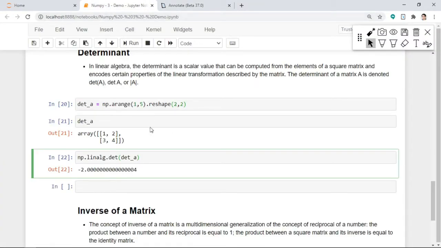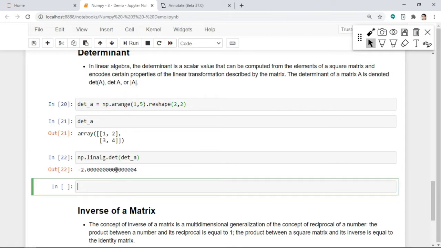But what if we have a 3 by 3 matrix? So for example, we have these given. So how about determinant B equivalent to, for example, let's create an array, probably 3 by 3.